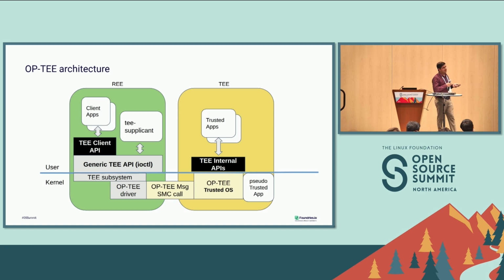So you can plug in, if there is another trusted OS, then you can have that corresponding driver in here underneath the TEE subsystem and enable that. But for OP-TEE, we have this OP-TEE driver here, and that is using this OP-TEE message APIs. And currently it's using secure monitor calls for the ARM platforms. But yeah, for RISC-V as it gets added, there would be corresponding message passing calling conventions over there.